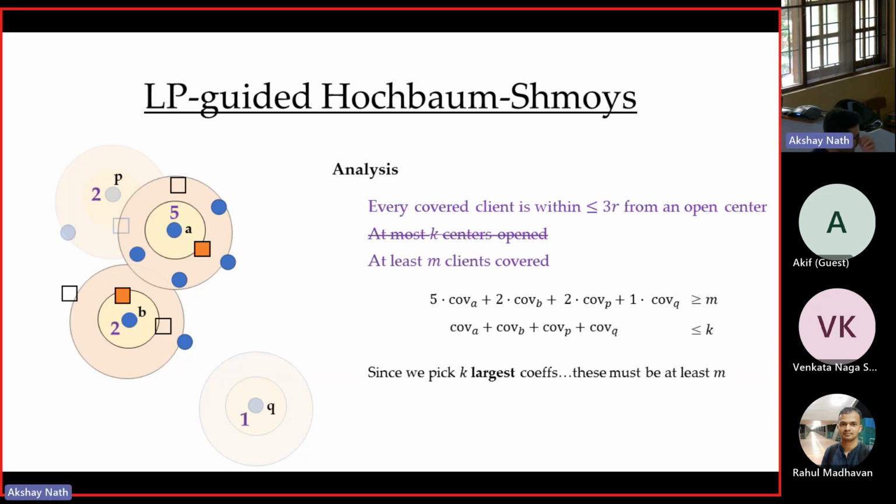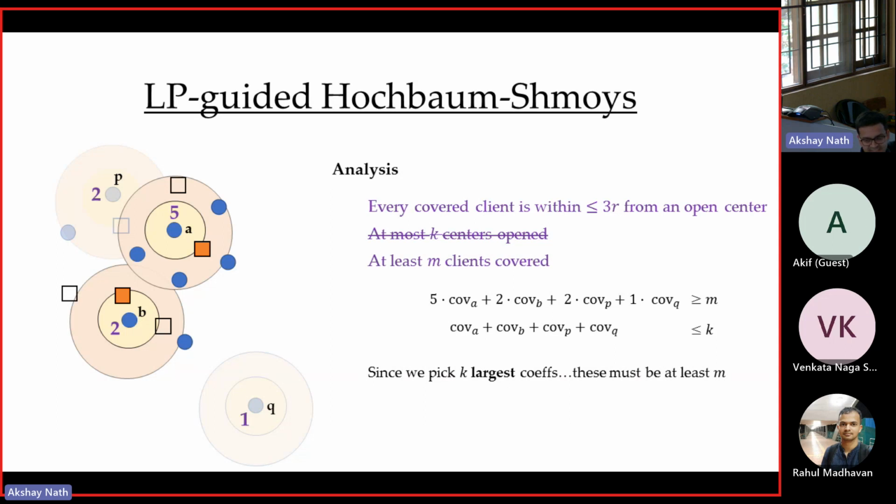So I'll just say it again. On the top, I have a linear combination of these coefficients, 5, 2, 2, 1 being at least M. And the things that are multiplying these, they sum up to at most K. So if K was 1, this will be a distribution which is at least M, so the largest is at least M. And if K is equal to 2, then the largest is at least M minus that, and then you can proceed in that.